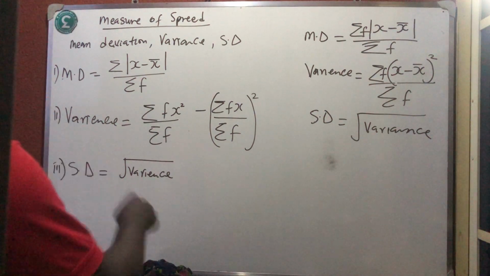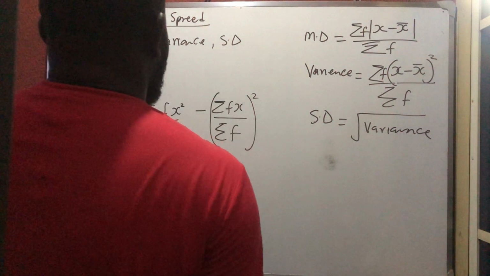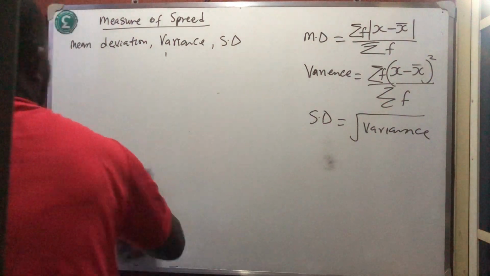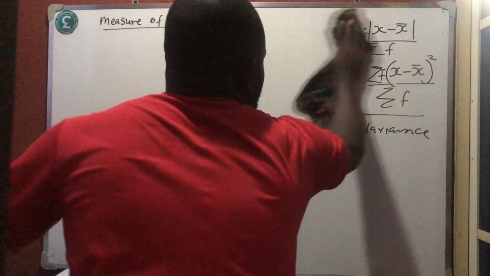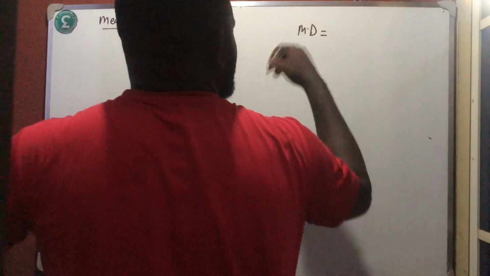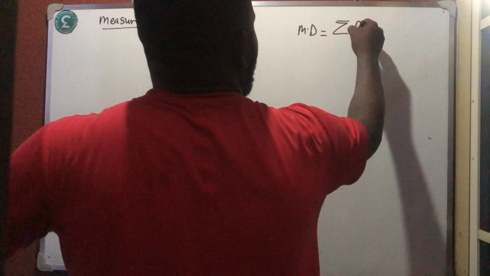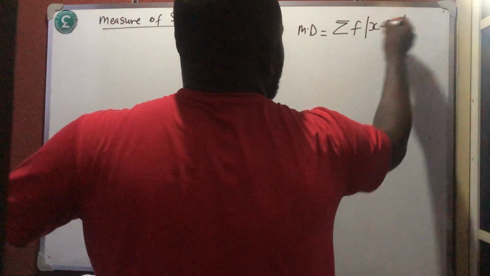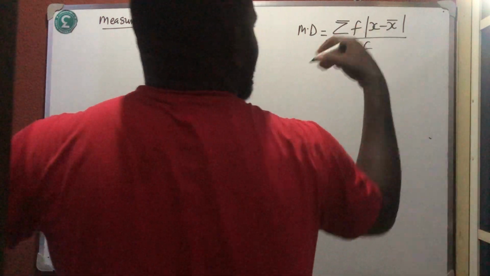We are going to solve just one question on this and then we are good to go. Please, these formulas are not difficult to remember. Let me write it again so that you see. For the mean deviation, we know it doesn't change: summation f, absolute value of each of them minus the mean, then all over summation f. As simple as that.